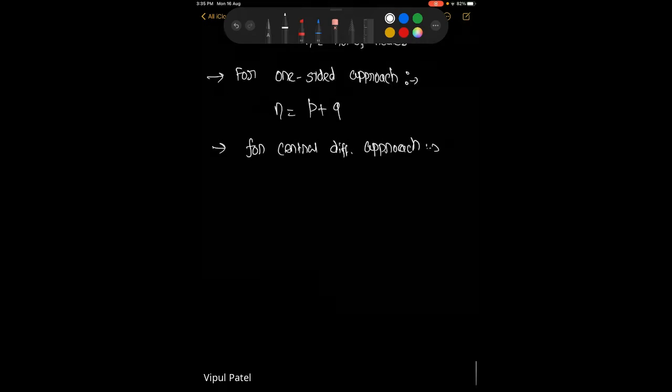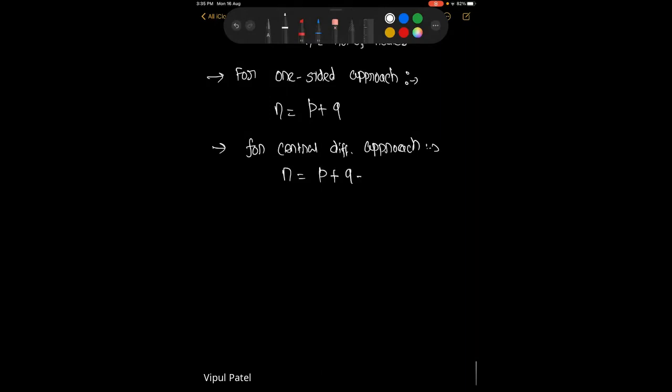So in that case you can say that your number of nodes is actually p plus q minus 1. Okay, let us try to revisit whether it is matching with the exercise we have done so far.